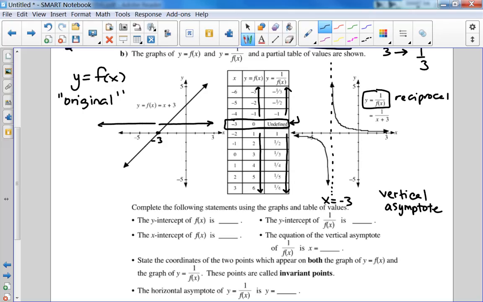Okay? So we're going to do some of this in more detail shortly, just trying to get an idea of what's happening. So watch with my red pen. As this tends to grow to the right, this tends to shrink to the right. Okay, now watch my green pen.